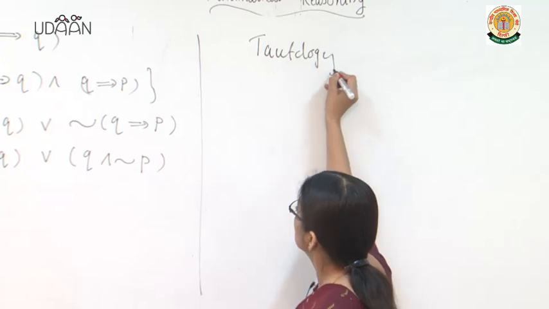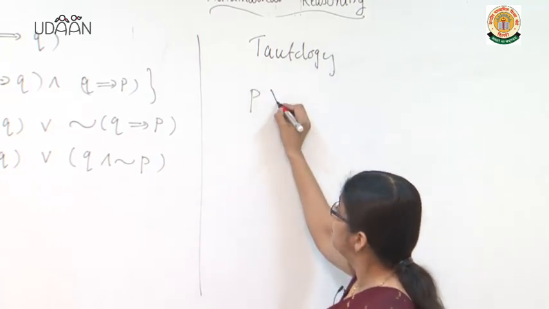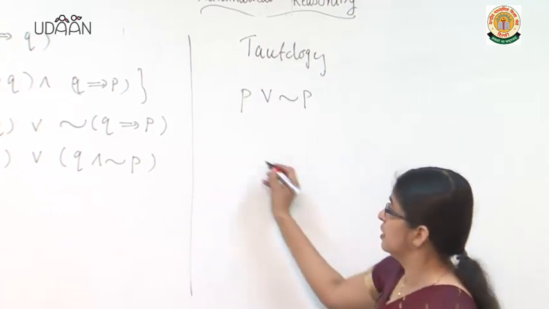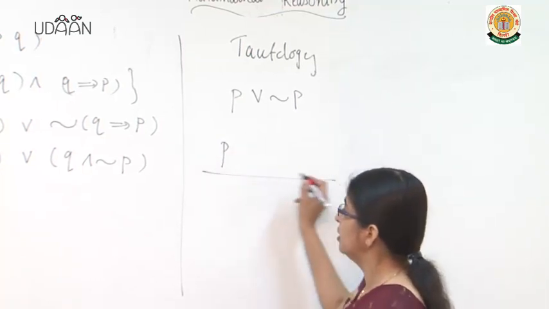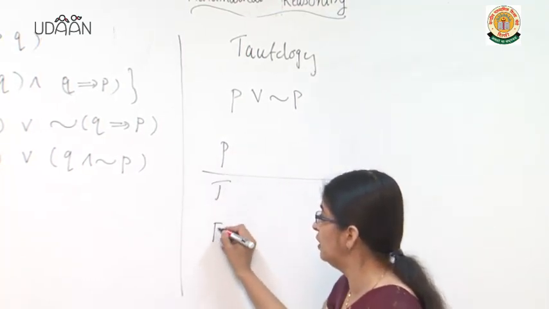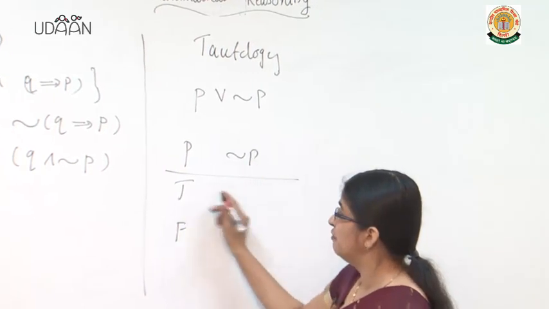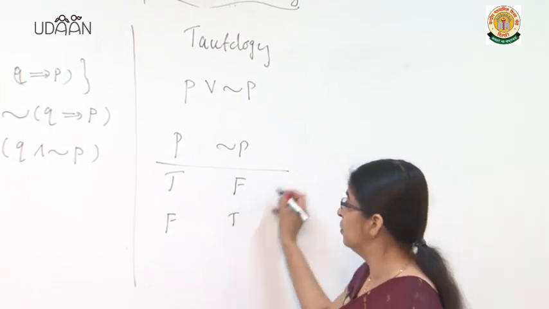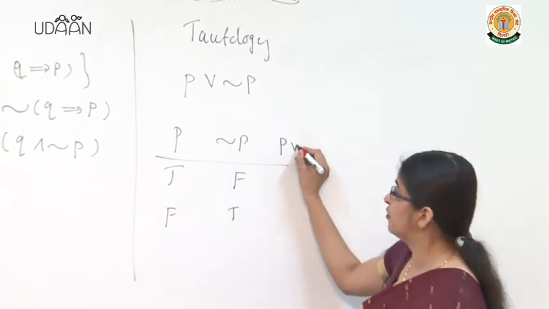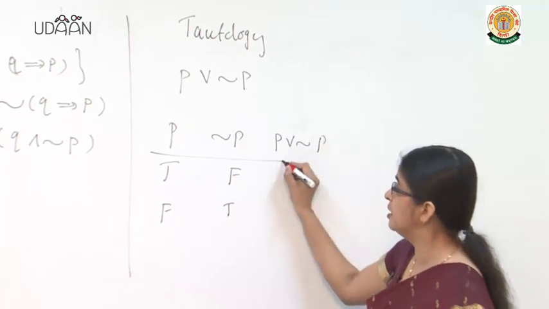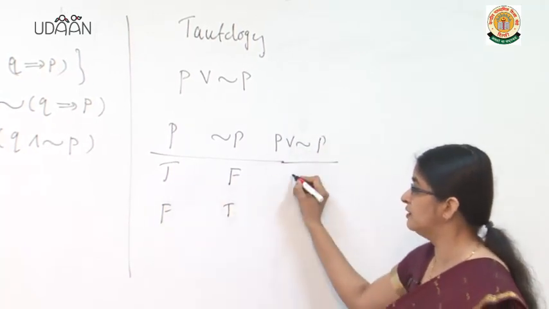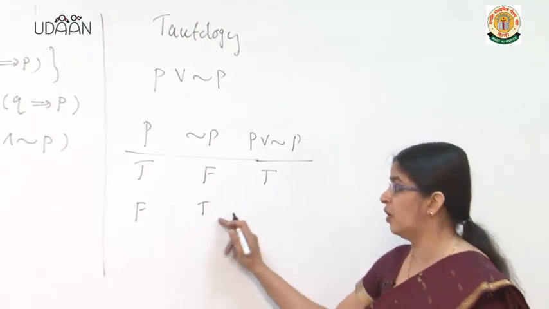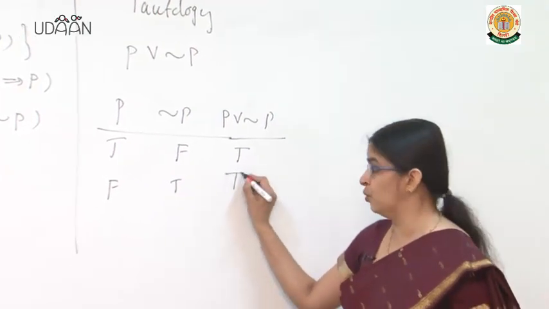Tautology. Consider the statement P or negation of P. Let's make the truth table. P true or false, negation of P false, true. True or false is true. False or true is true again.